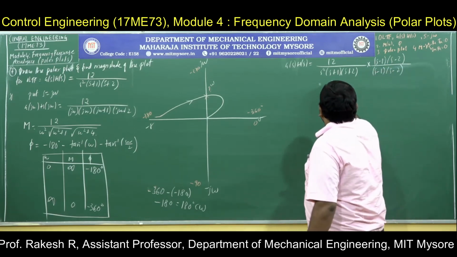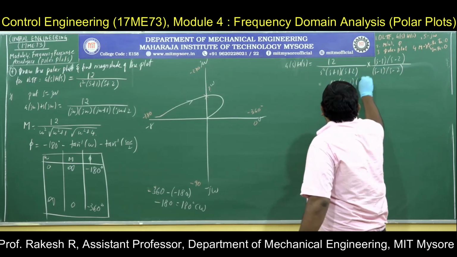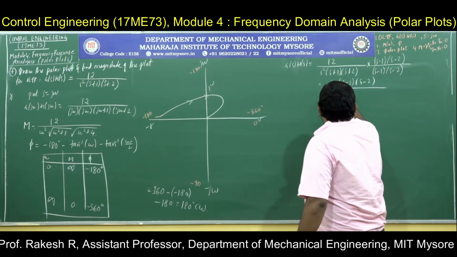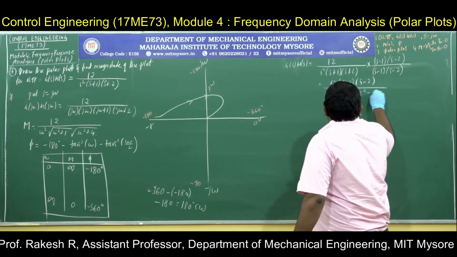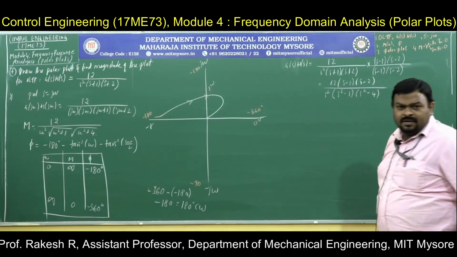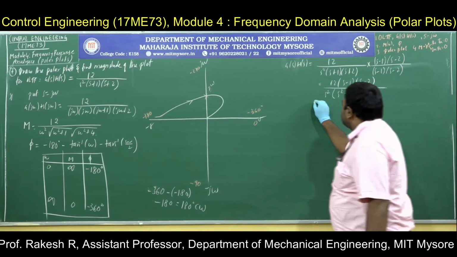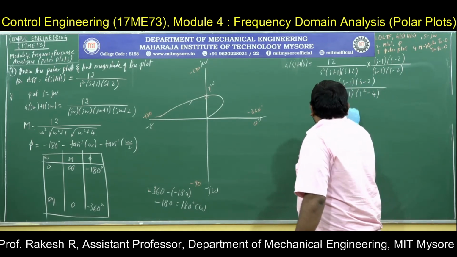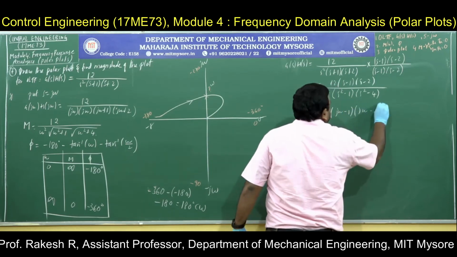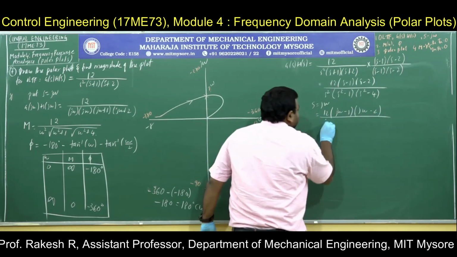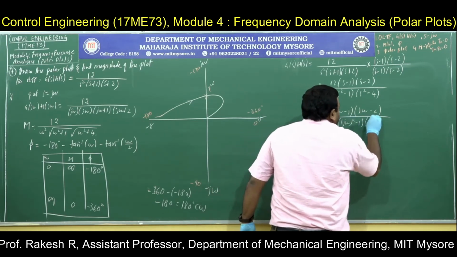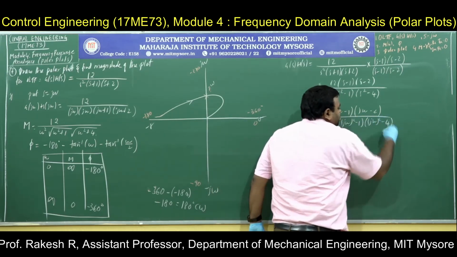Then it will be 12 into (s-1)(s-2) divided by (s square minus 1)(s square minus 4). So this is a complex transfer function. Replace s with jω.